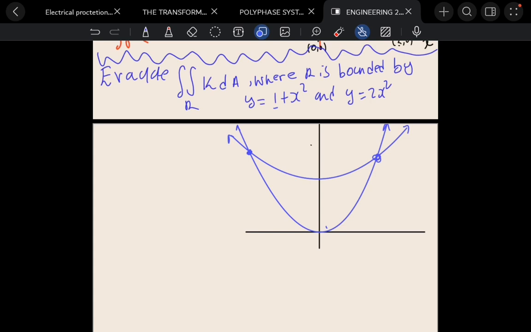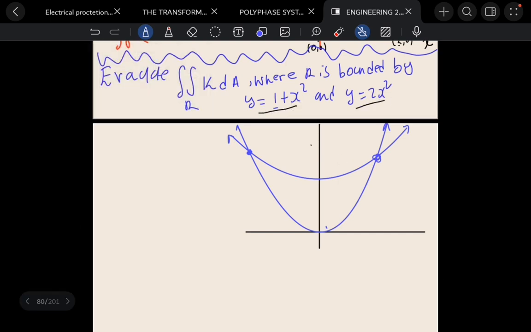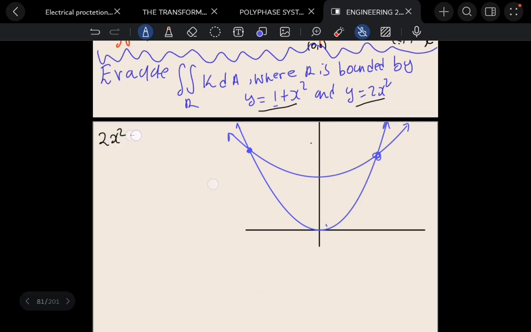So how can I get those points of intersection? What do you think? I need to equate these two. So I'm going to have 2x squared equals 1 plus x squared. Simplifying this, I'm just going to have x squared minus 1 equals 0. x is either minus 1 or 1.